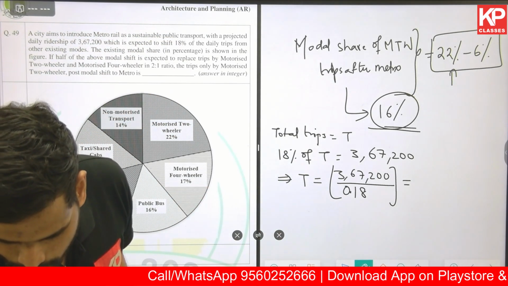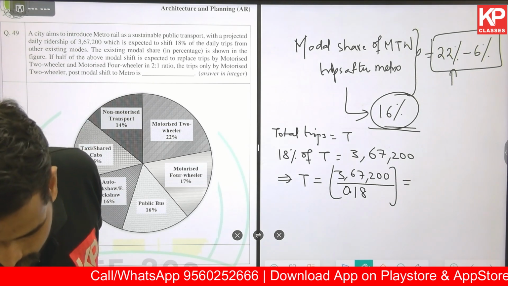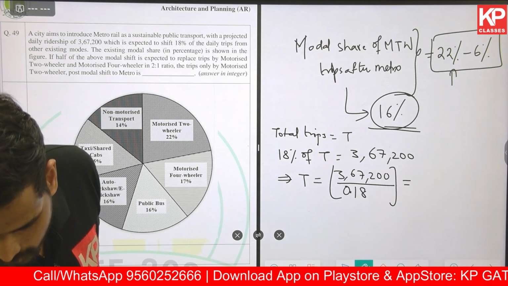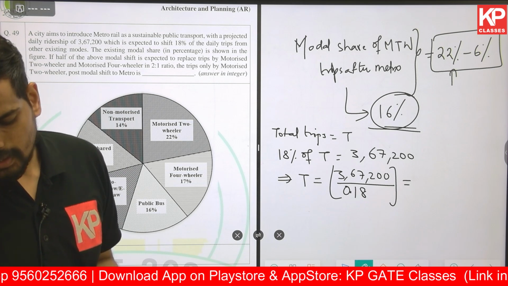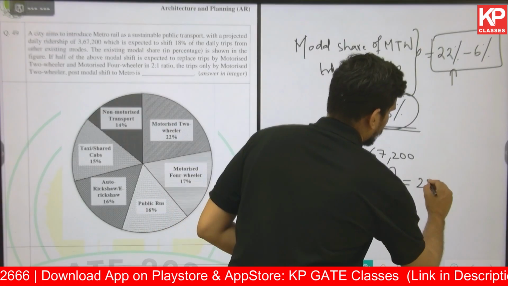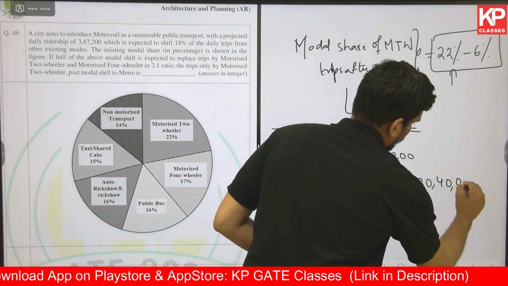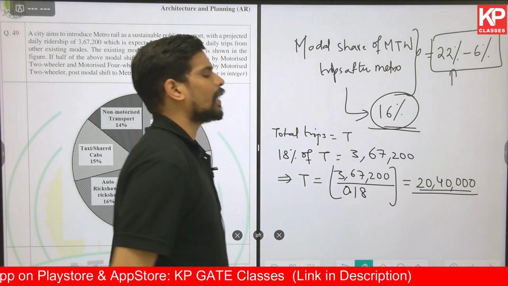So what is the total number of trips? 3,67,200 divided by 0.18 is 20,40,000. That's the total number of trips you're going to have.